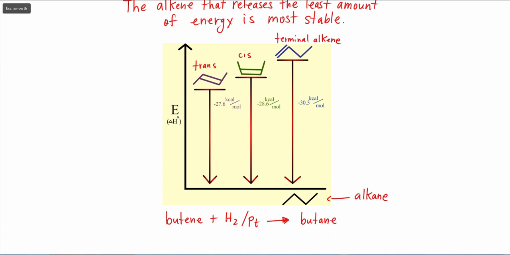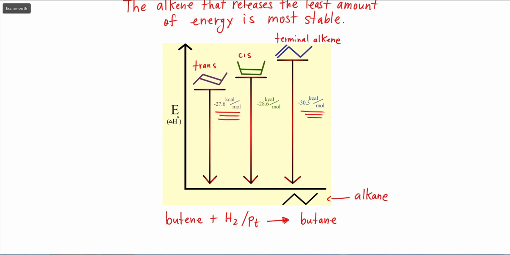So we can compare stability-wise via this reaction that the trans alkene loses the least amount of energy during this reaction, roughly 27.6 kilocalories per mole. And this terminal alkene loses the most amount of energy for that reaction.